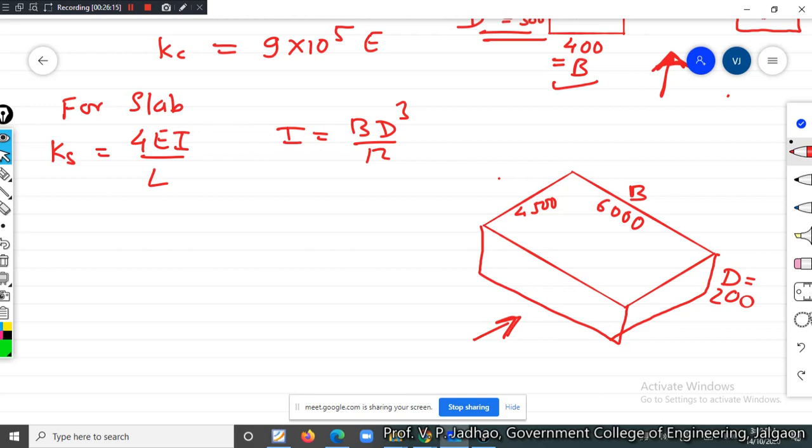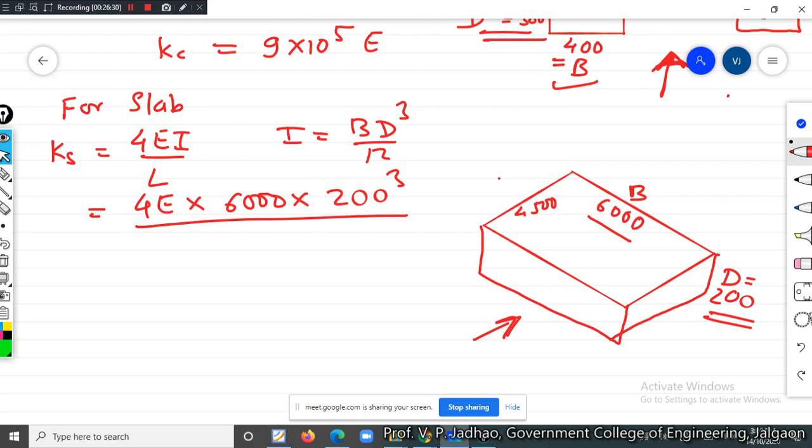Okay, so this will be equal to 4E multiplied by B, which is 6000, multiplied by depth D, which is 200, therefore 200 cube, divided by L. Now L will be 4500, because we are calculating the stiffness along the shorter direction, therefore 4500 multiplied by 12.